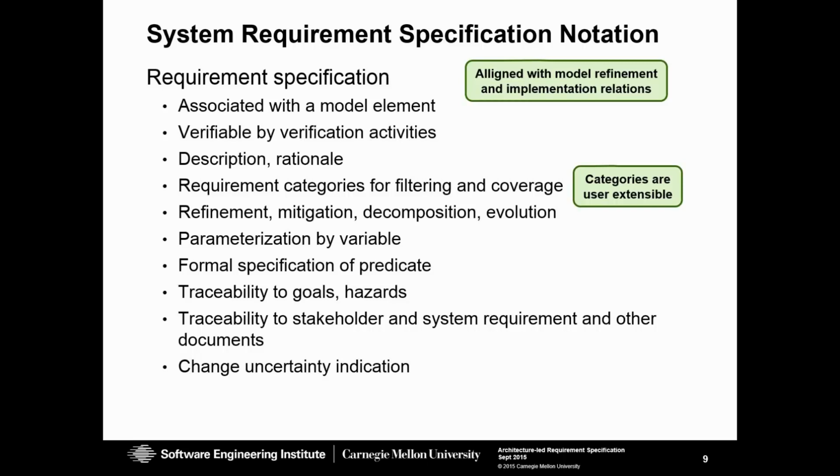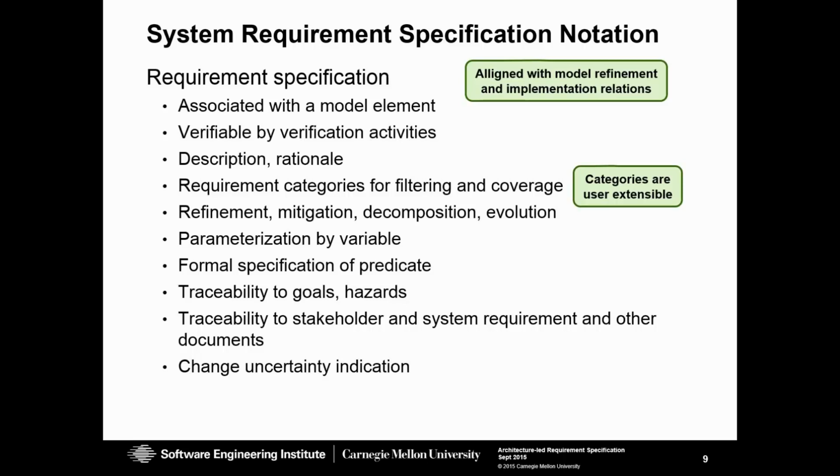A third form is to say we have gone through a safety analysis, have identified a hazard. Now we get, quote, derived requirements whose job is to mitigate the hazard. This is where we use the mitigation relationship. And we can have requirements that over time evolve and get refined or rephrased and reworded, and we have this notion of evolution.